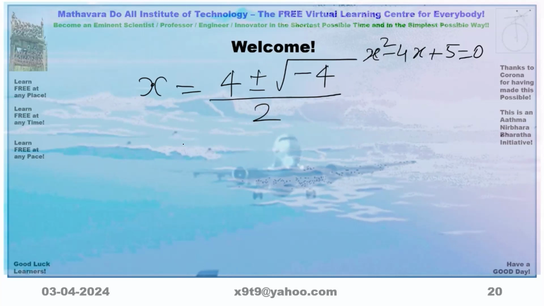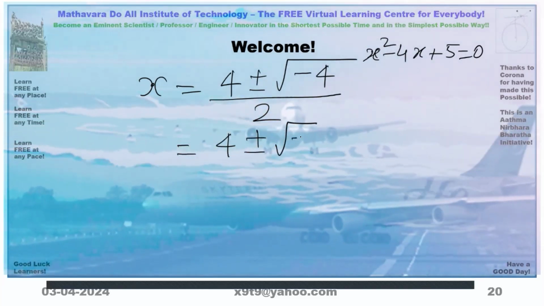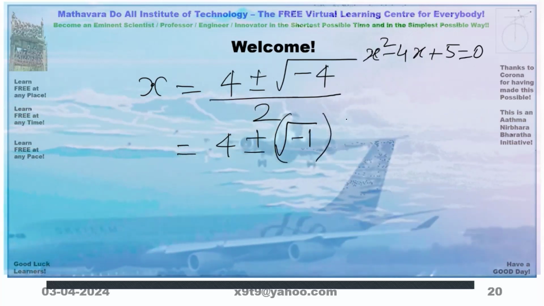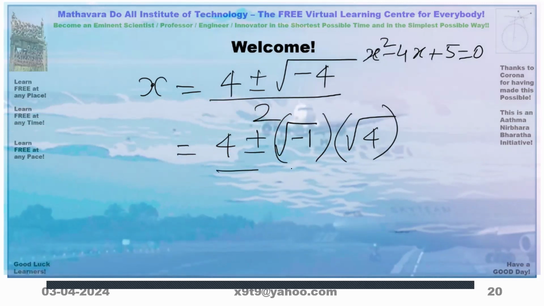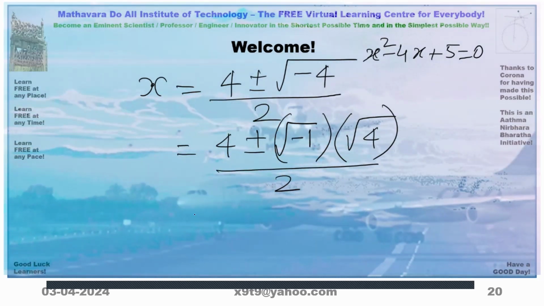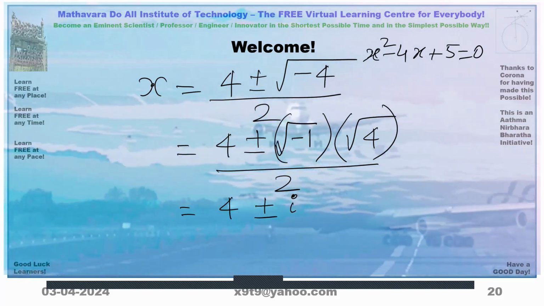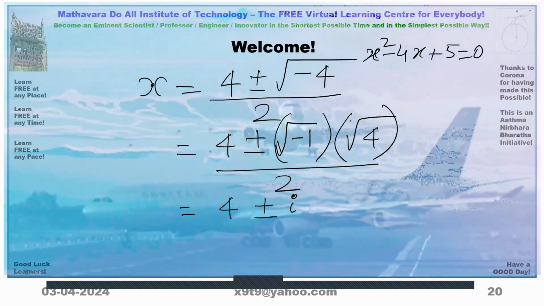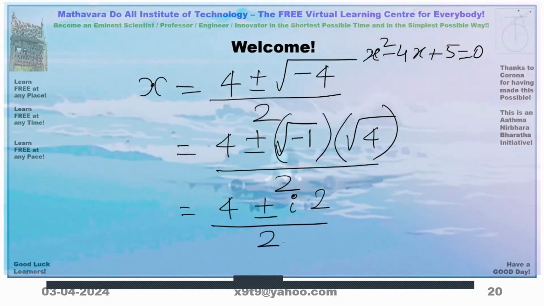So this one we will write like this: 4 plus minus square root of minus 1 multiplied by square root of 4, by 2. Now this we will write as 4 plus minus i, because root of minus 1 is called i, and this square root we can take, which will be 2, by 2.